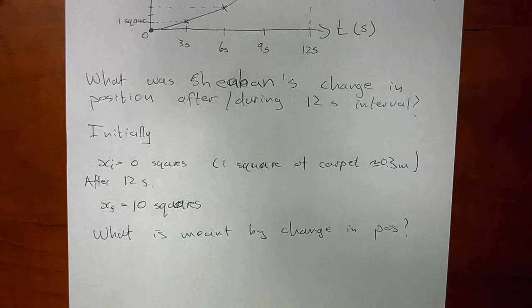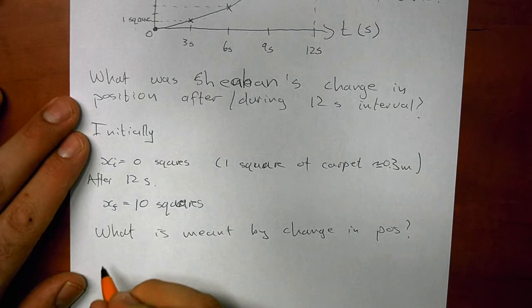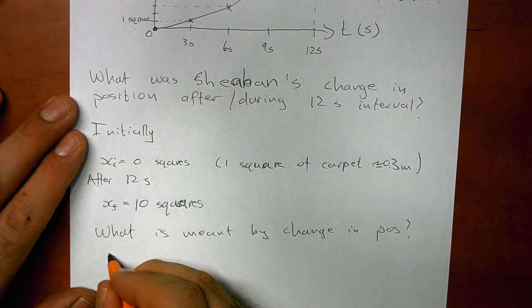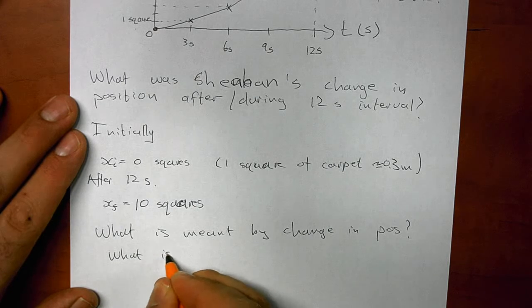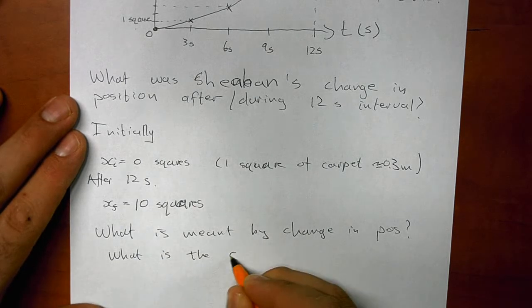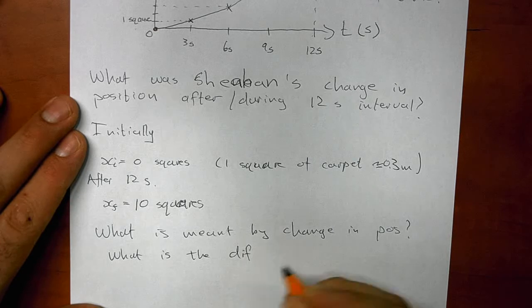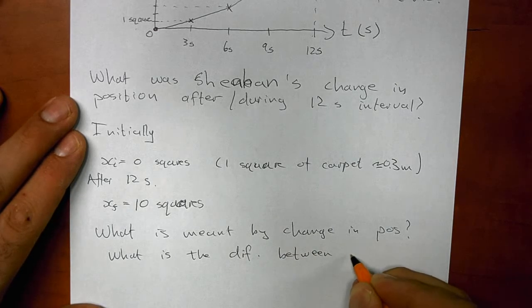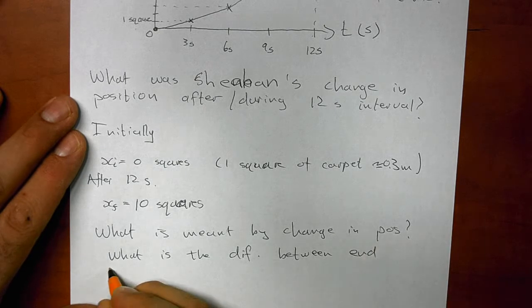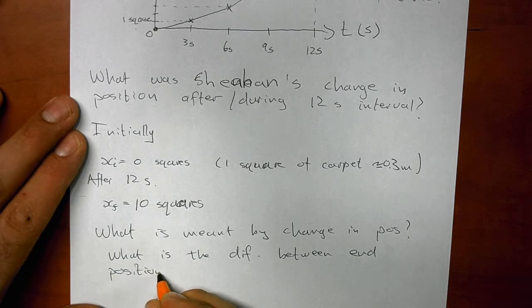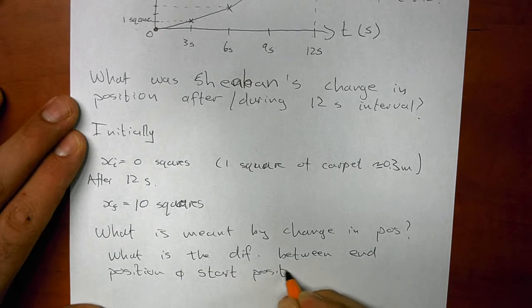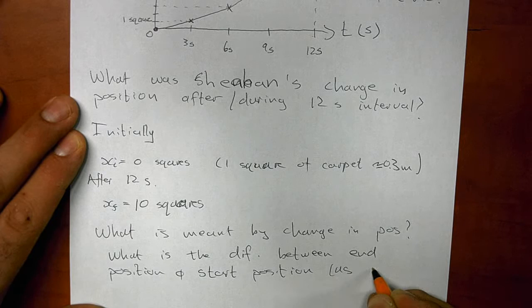So, what we mean by change in position is the difference between the end position and the start position as seen from the point of reference.